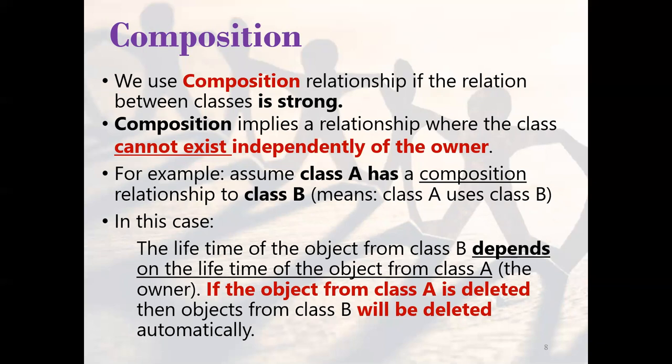All right, welcome. So next, that was aggregation. And this time, we talk about composition. Now, if aggregation signifies a weak relationship, on the other end, composition signifies a strong relationship. What does it mean, strong relationship?